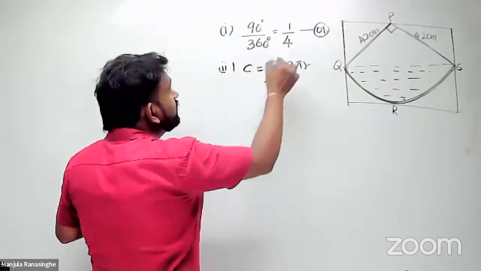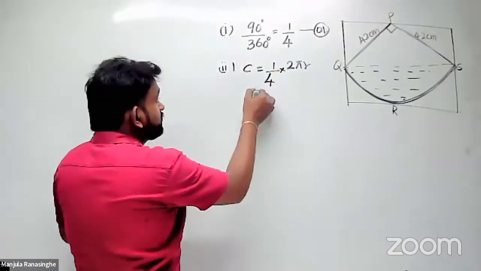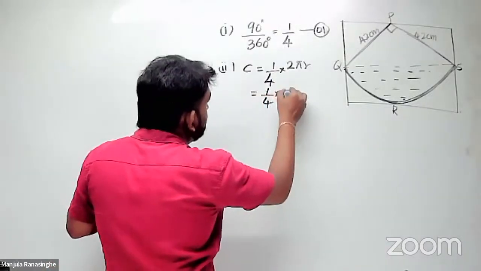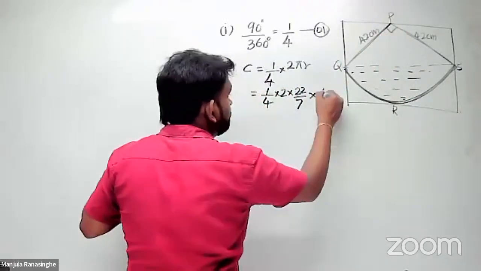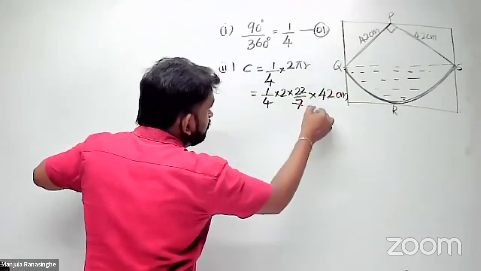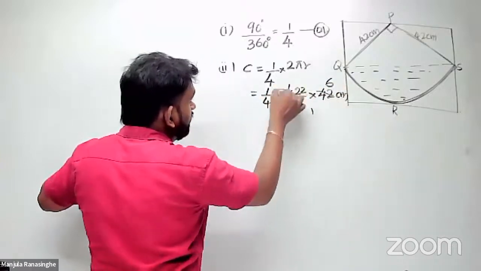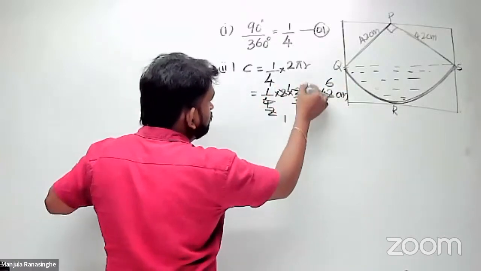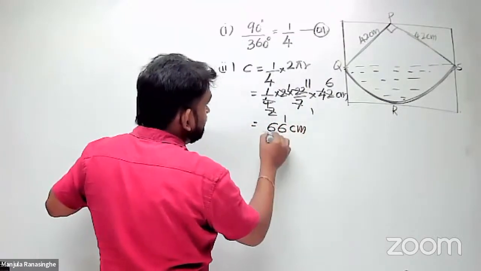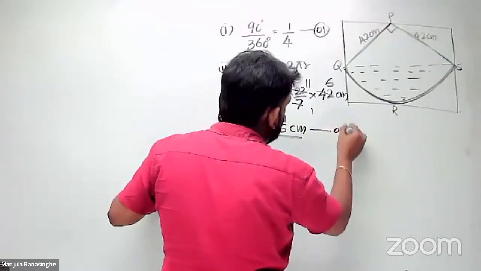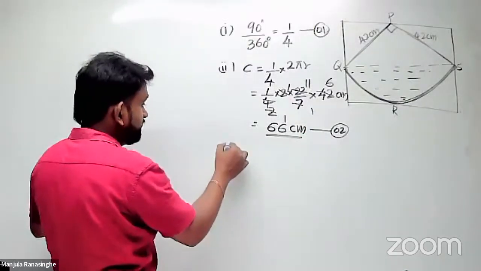Then 1/4 into 2πr. So substitute 2 into π into r. r is 42 centimeters. Now simplify: 7 6 42, 2 1 22, 21 11. 11 into 6, 66 centimeters. That is the arc length. You have 2 marks. Okay, that is the arc length.